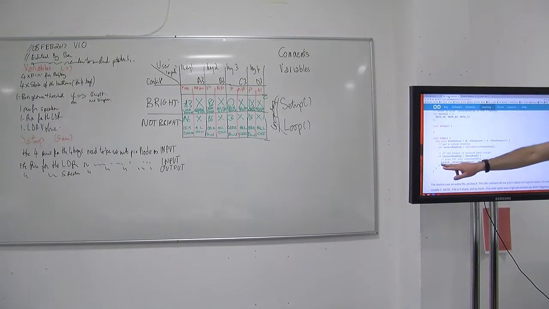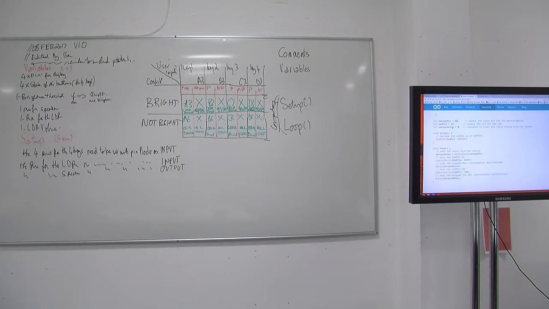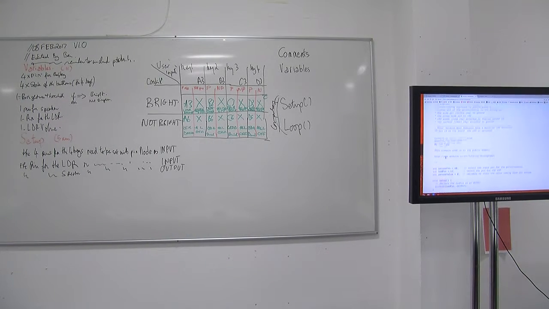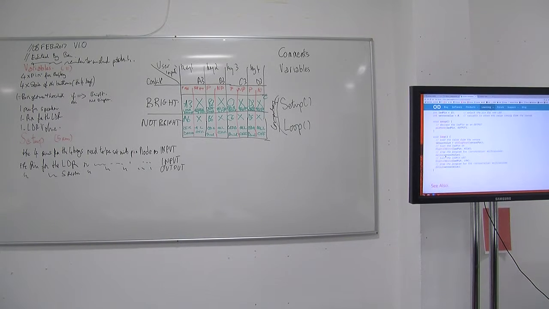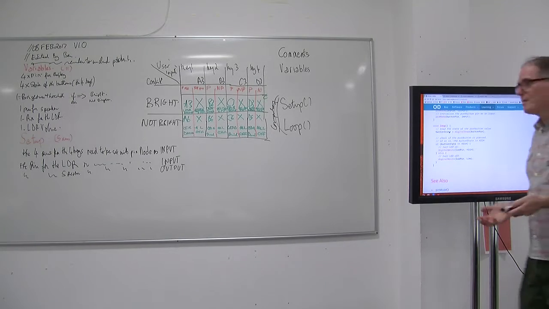We know the code to play a note. We know the code to read the value from the LDR. Yeah, it's here. And we also know how to read if a button has been pressed or not. So we can move to the loop and start doing the real thing.